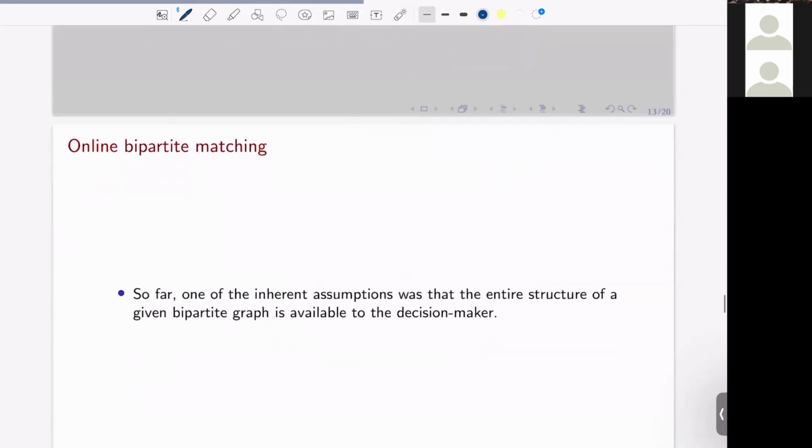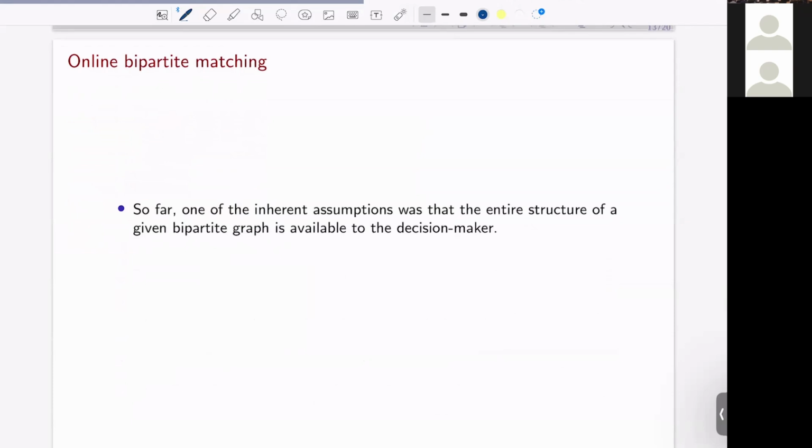let's move on to our second variant, which is online bipartite matching. The basic assumption for our bipartite matching problem is that we have access to every part of this bipartite graph.